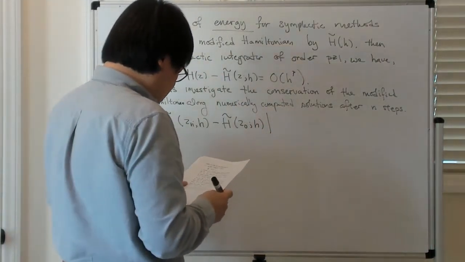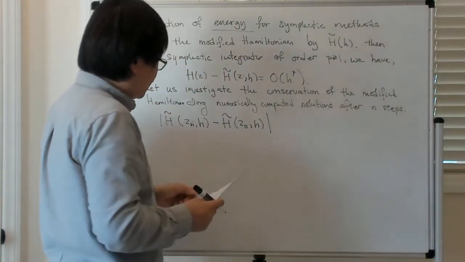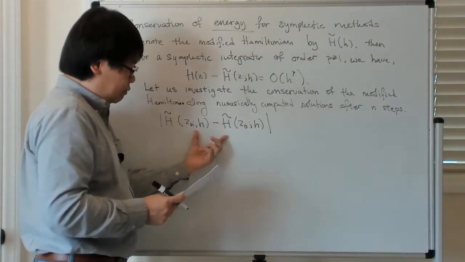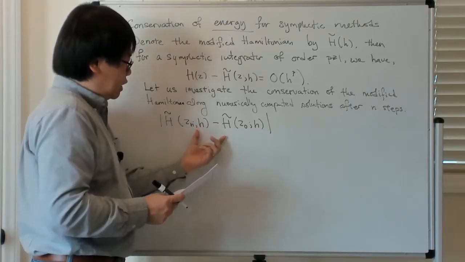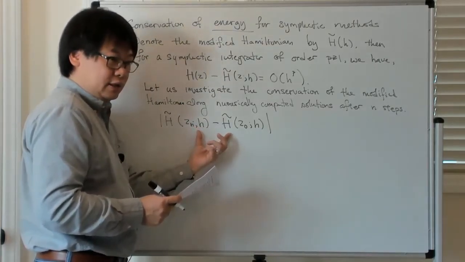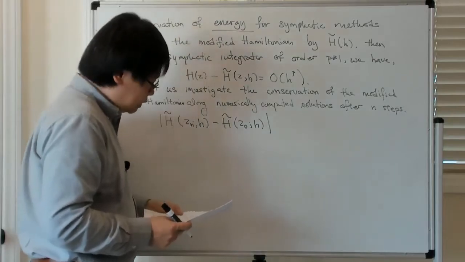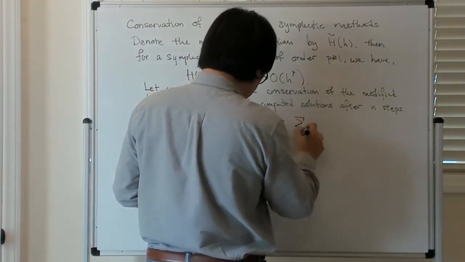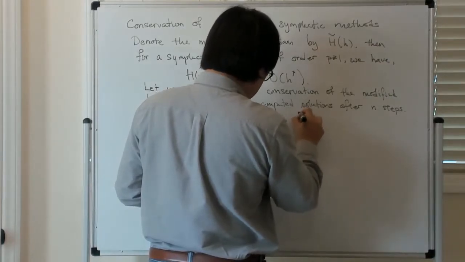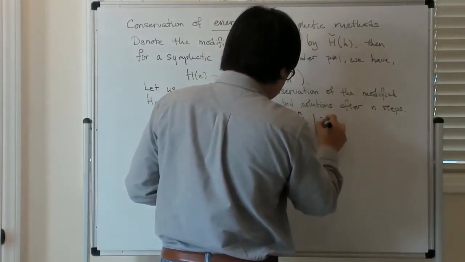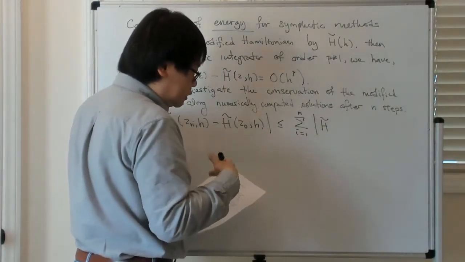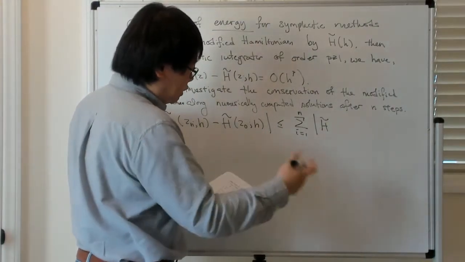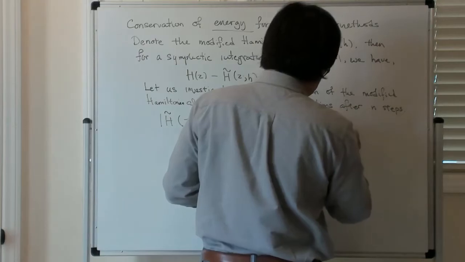And of course, you can bound this by expanding it in a telescoping series and then using the triangle inequality. So this is less than or equal to the sum from i equals 1 to n, where now I'm just taking the change in the modified Hamiltonian over one time step.